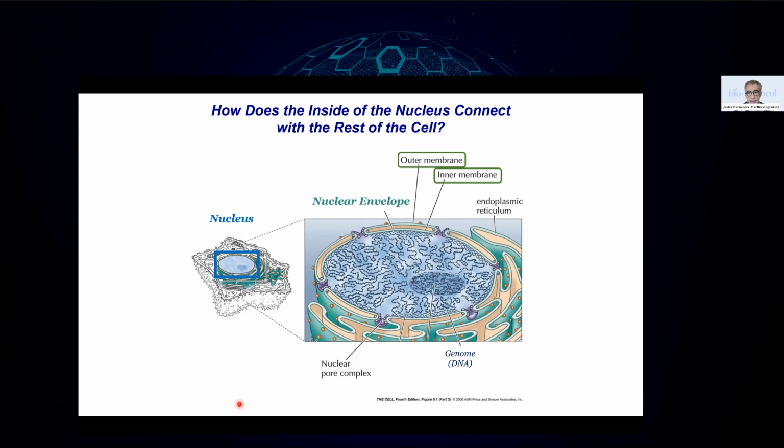But the presence of this nuclear envelope, like a plastic bag around the genome, also poses a problem, and that is a communication problem. You have to be able to communicate the inside of the nucleus with the rest of the cell.